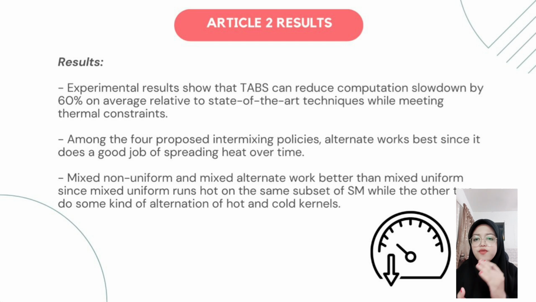Among the four proposed intermixing policies, alternate works best since it does a good job spreading heat over time. Mixed non-uniform and mixed alternate work better than mixed uniform, since mixed uniform runs hot on the same subset of SMs, while the other two do some kind of alternation of hot and cool kernels.